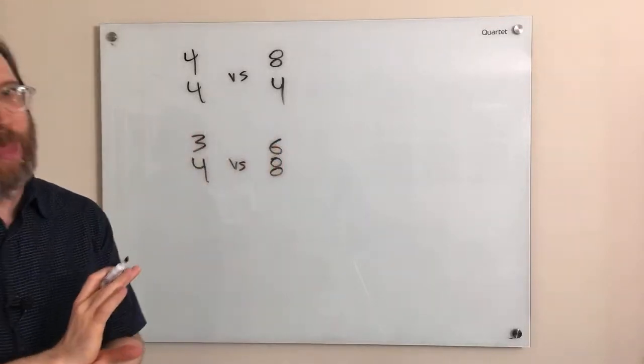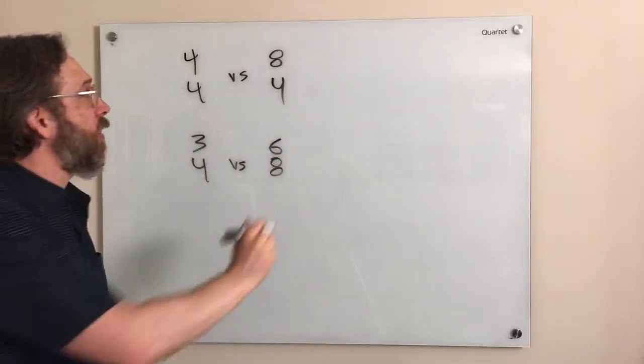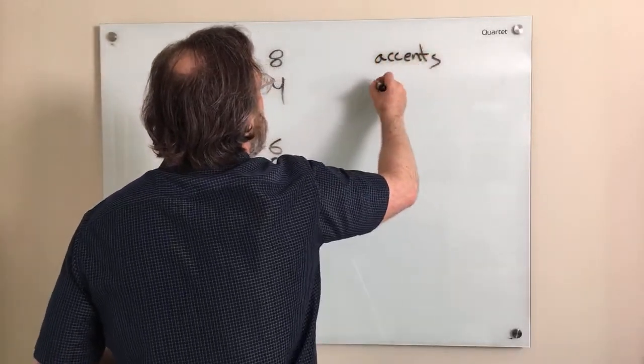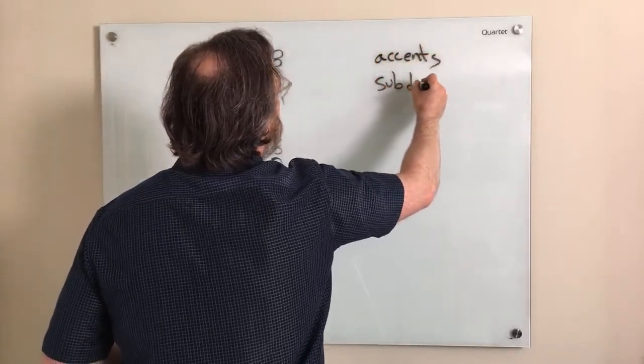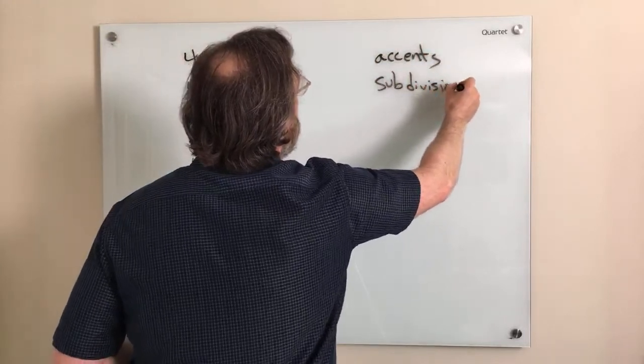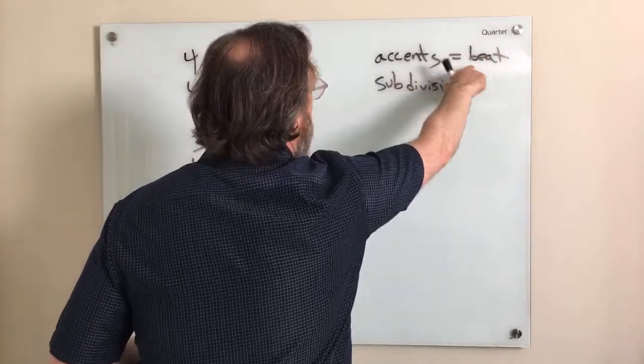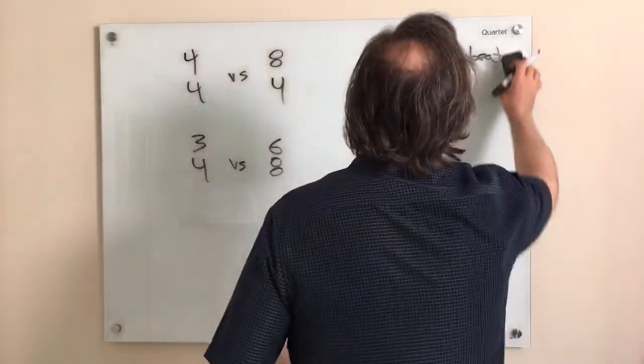it all has to do with accents and subdivision. So we have to deal with finding the accents, listening for the subdivision of the beat. So accents will become our beat, but not always, right? So it's more complicated than that.